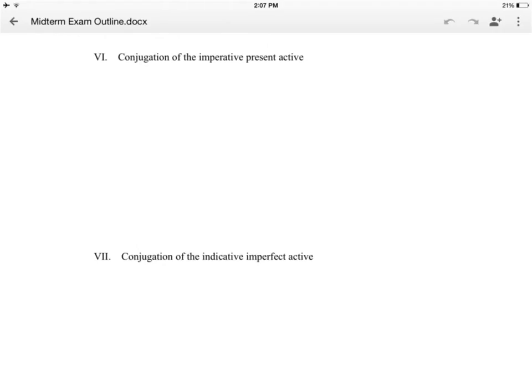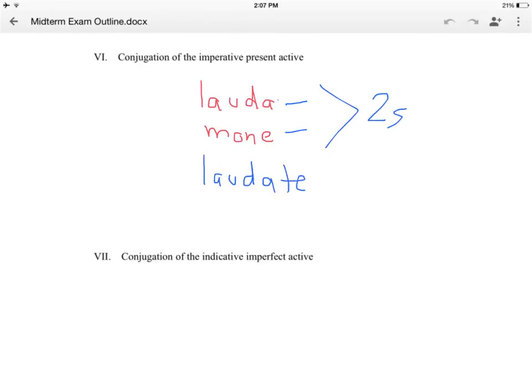The conjugation of the imperative present active follows a similar process. You take the second principal part, laudare or monere. You drop the RE, just like last time. And then you either add nothing to get the second person singular, or to this theme, you add TE to get the second person plural.